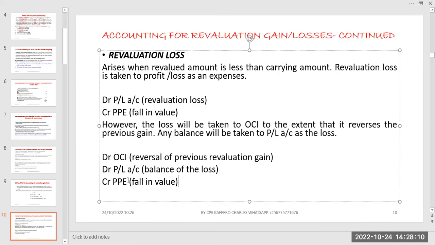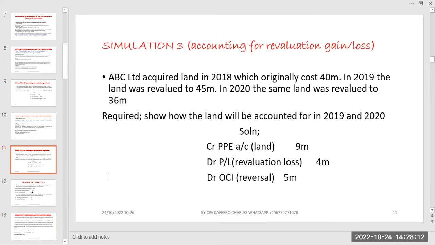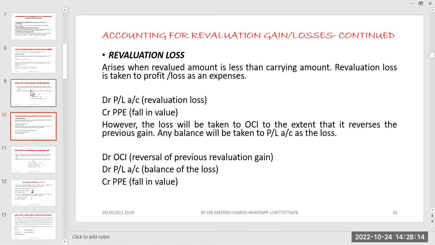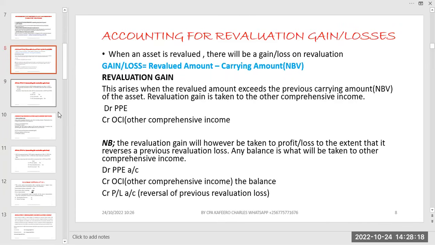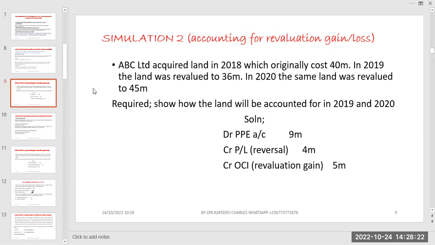So I have a simulation here. There is a simulation which I was just jumping to, but I needed to first explain that before we do the simulation. There is a simulation on revaluation, accounting for revaluation gains and losses. I gave you these figures.